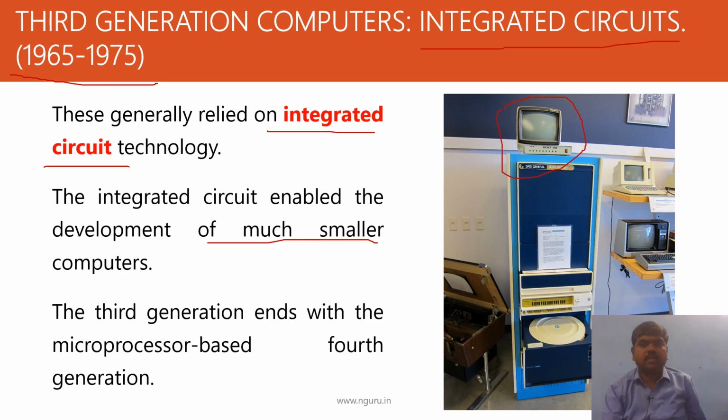Very small computers have come into the picture when it comes to size. The third generation ends when microprocessor technology comes into the picture. There it ends, and the fourth generation has started.